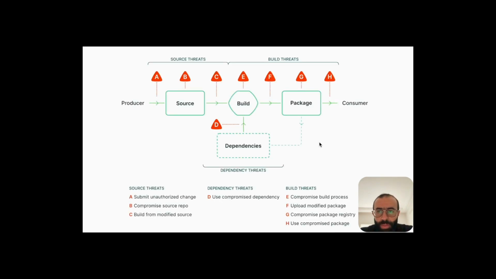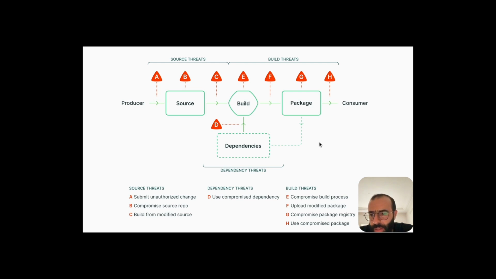And in the SALSA framework, for those who were very attentive to my initial slides about attacks, you may have noted some specific letters where attacks occurred. These are methods used by the SALSA framework which help to distinguish between various types of attacks. For example, the A attack is a source threat, which is submitting an unauthorized change.